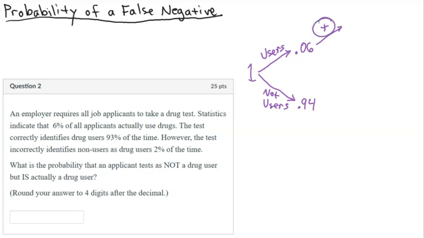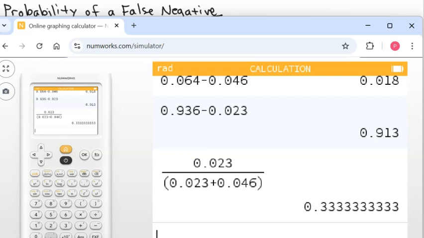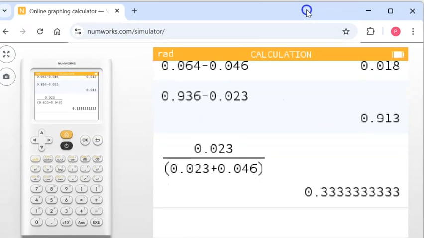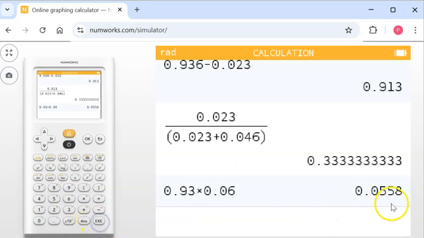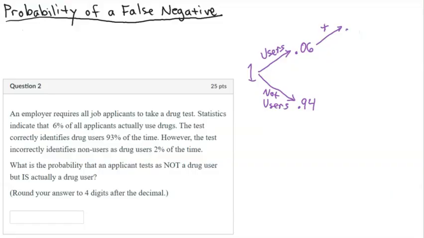So positively identified as a drug user, 93% of the 0.06. So we're going to need a calculator for this. We're going to do 93%, that's 0.93 times our 0.06 proportion of drug users. And that's 0.0558.